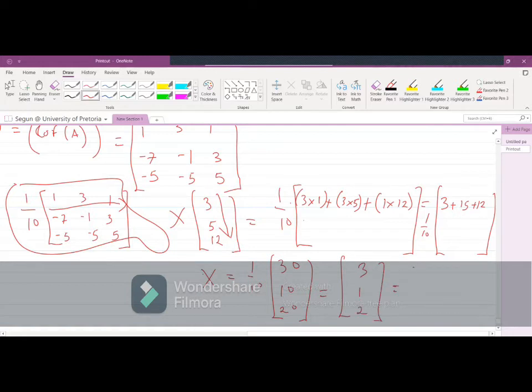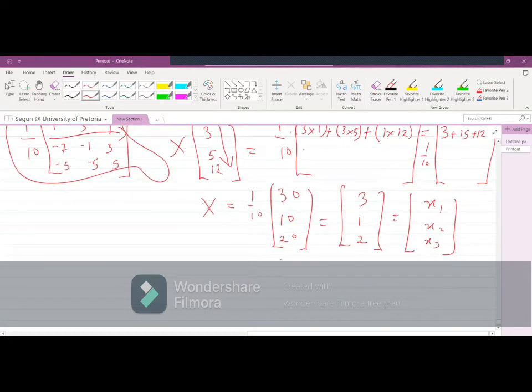Therefore, x1 equals 3, x2 equals 1, and x3 equals 2.